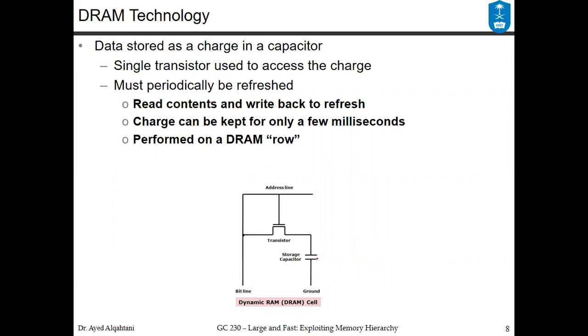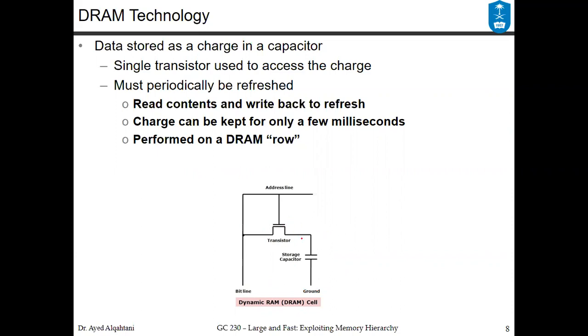And if you have logic 1 stored inside, it tends to leak its value with time, and this is why we need to refresh its value every once in a while. So the data is stored as a charge in the capacitor. You have a single transistor used to access the charge, so you have the switch, only a single transistor. Basically the DRAM is very small, and this is the reason it's very cheap.